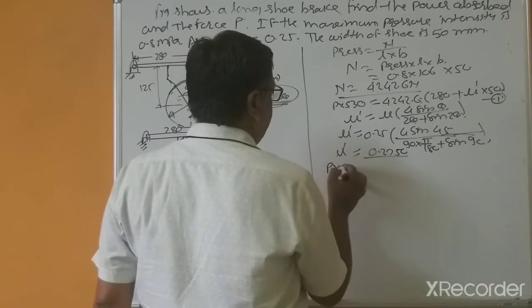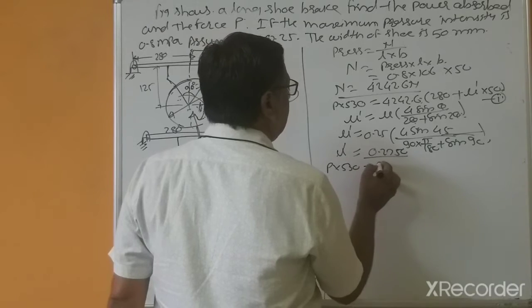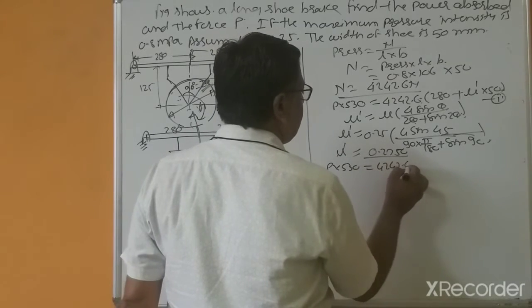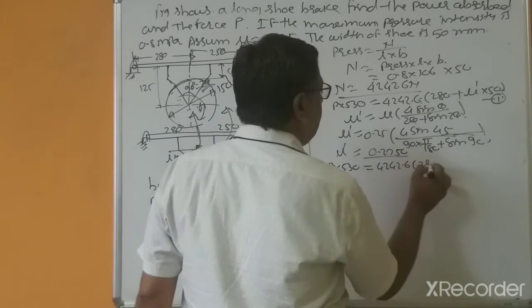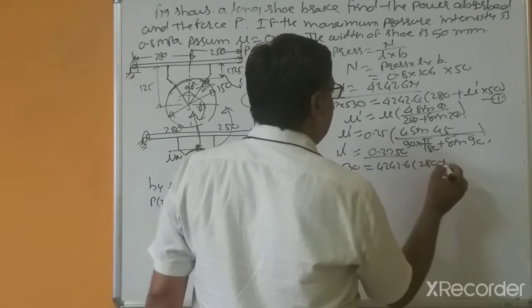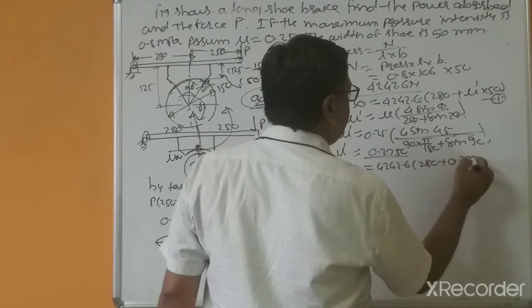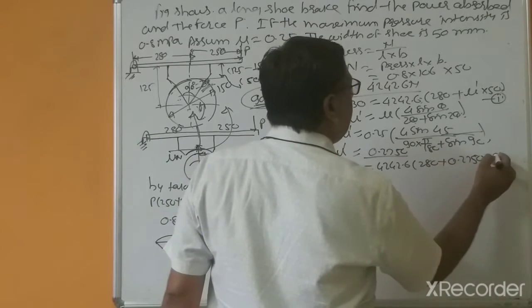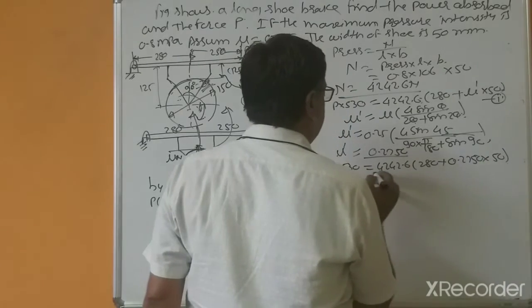So P into 530 equals 42.6 multiplied by 280 plus 0.275 multiplied by 50.